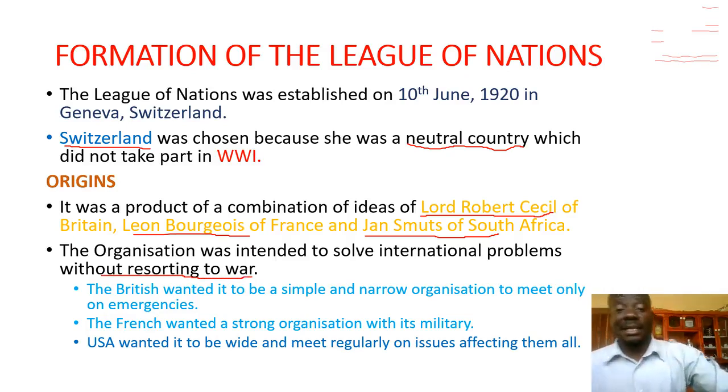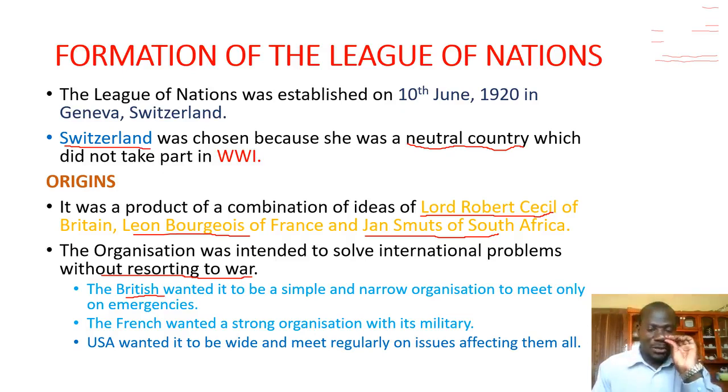They looked at the casualties and the problems of the First World War, so they thought of forming an international body that could solve problems without resorting to war. Britain had the idea of a simple and narrow organization meeting only in emergencies.